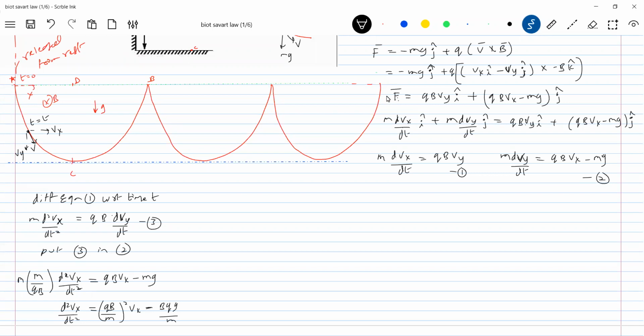There is an equation we have. Can we solve this? It's a second order differential equation. Let it be equation 4.